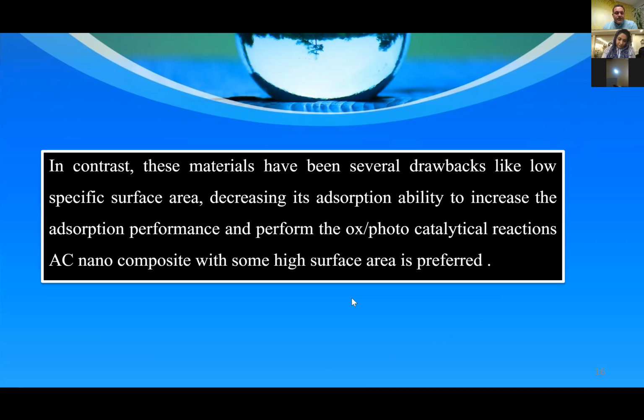In contrast, these materials have several drawbacks, like low specific surface area, decreasing their adsorption ability. To increase the adsorption performance in the zinc oxide photocatalytic reactions, AC nanocomposite with high surface area is preferred.